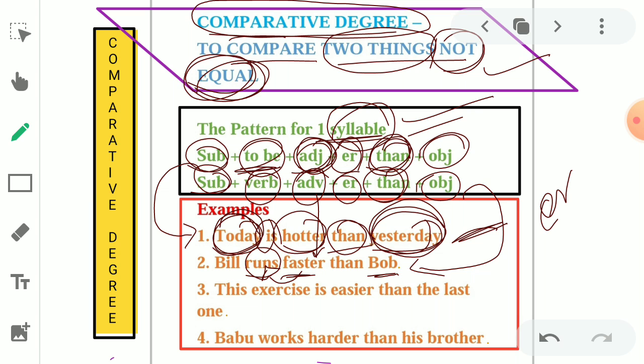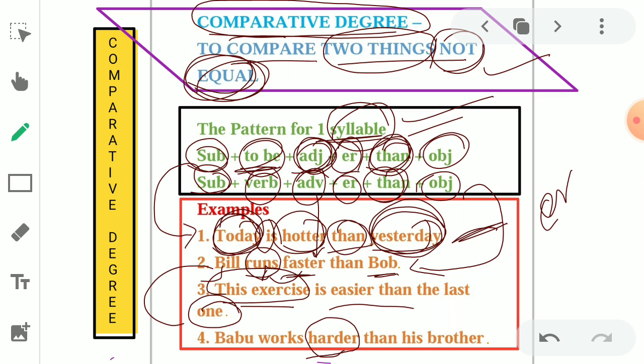Similarly, the next sentence: this exercise is easier than the last one. The last exercise is compared with the earlier one, so the two exercises are not equal. Then the last one, Babu works harder than his brother. Here, works harder.